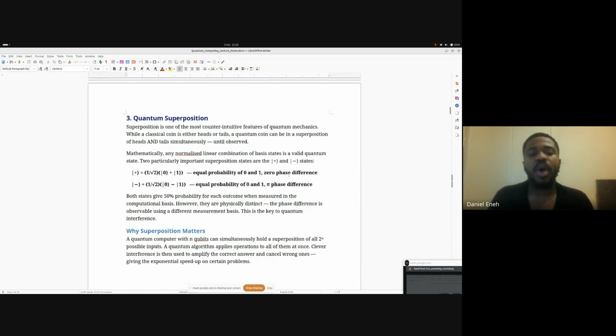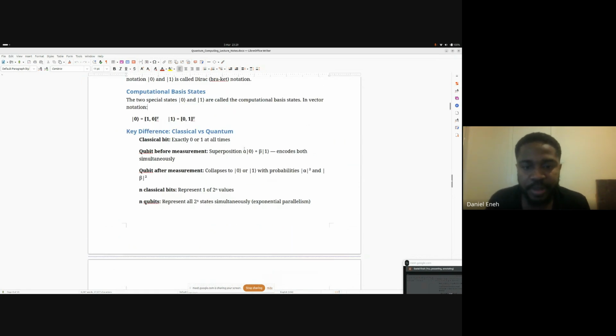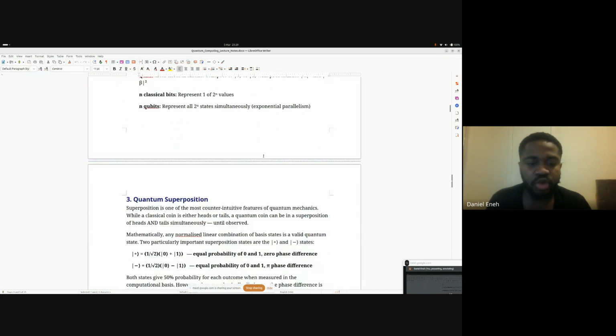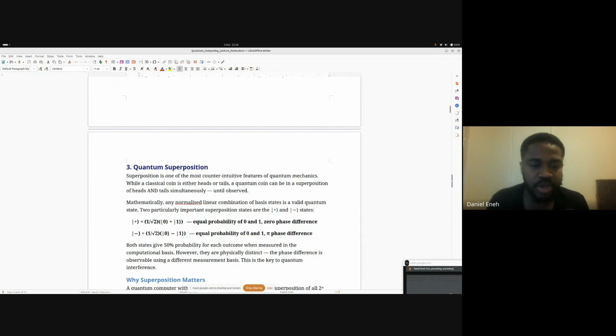Alpha is 1/√2, because alpha is always the coefficient of this. Beta is always the coefficient of the probability of 1. So if you multiply into that bracket, you discover that both alpha and beta are the same.